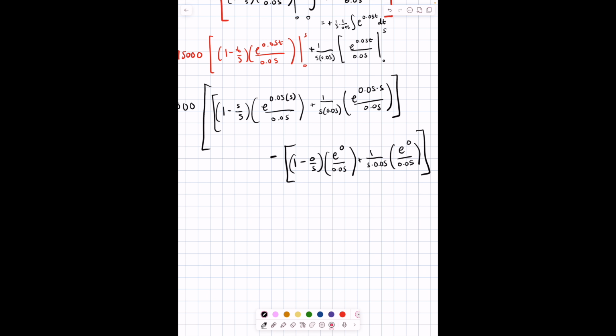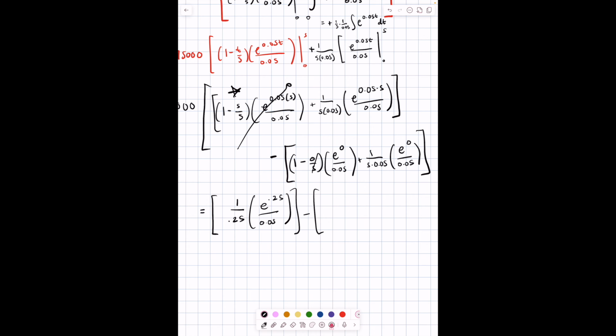As we keep simplifying, I'm starting to simplify this part now. 1 minus 1, which is awesome, it just zeroes out. And then I have 1 over 0.25 times e to the 0.25 over 0.05. And then minus, well, this one zeroes out.